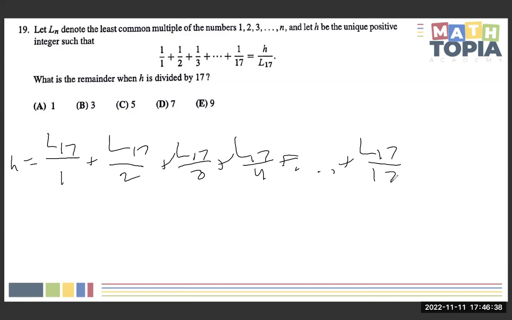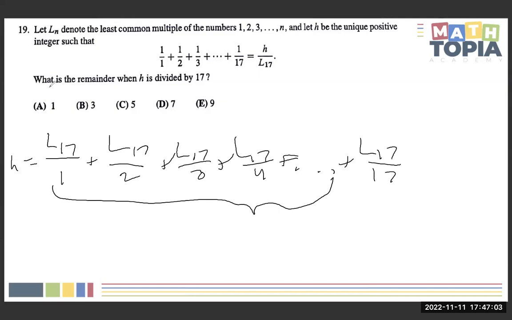But there's a key thing to note here: L17 is the least common multiple of the numbers from 1 to 17, which means it's a multiple of 17, obviously, but 17 is prime. So from the numbers 1 to 16, we're not dividing the 17 out from L17, which means that all of these first 16 terms are multiples of 17.